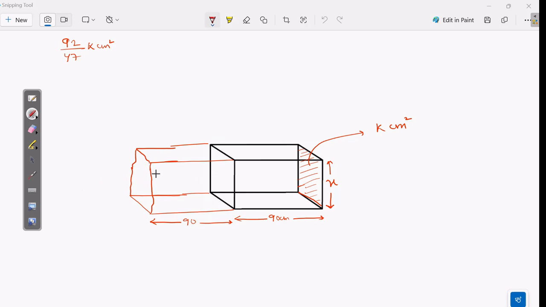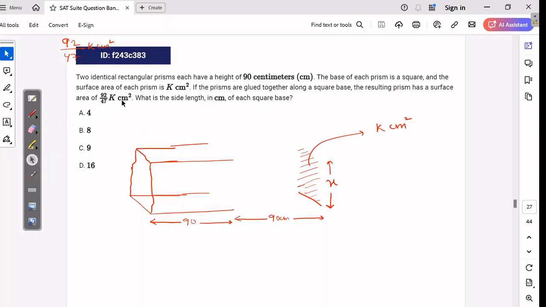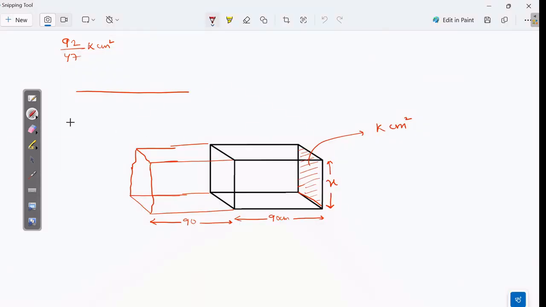How can you find out the surface area of this total figure? We already have the area of the square. Sorry, the k centimeter square is not the surface area of this one. That's my bad.